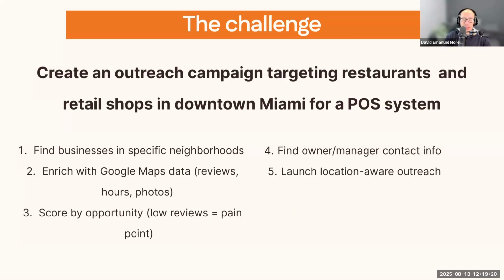The idea here is that we're gonna find those businesses using Google Maps, qualify those businesses, find leads inside those businesses, and then use that database of leads to find contact data and send them into a campaign. So in Clay, you will be able to create all this process and automate it so you can replicate it to different campaigns in the future.